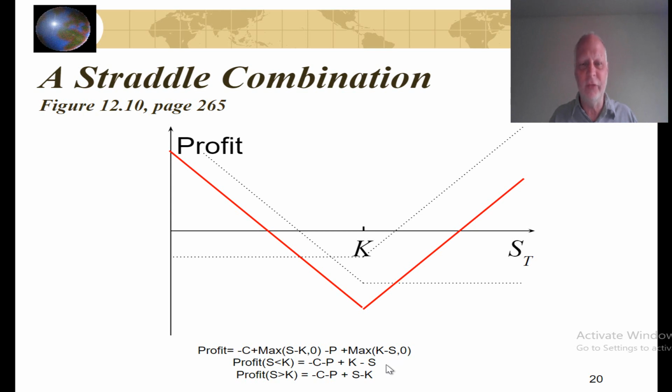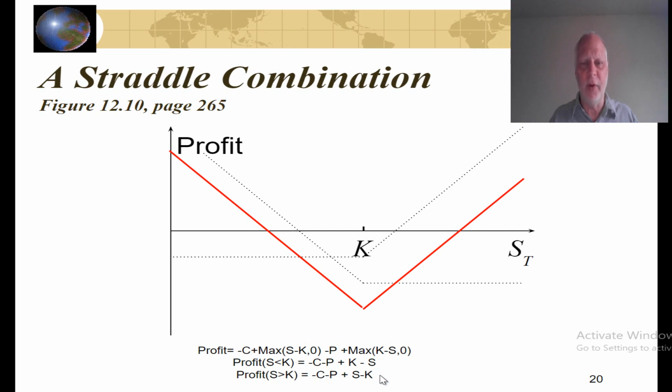In the region S less than K, the call option expires at 0, but the put option pays off, so you end up with minus C minus P plus K minus S. In the region, on the other hand, for S greater than K, the call option pays off and the put option expires at 0, so this term goes away, but we get an S minus K here.